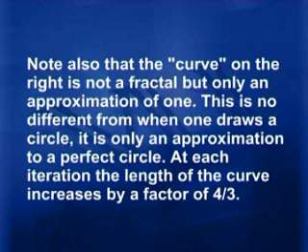This is no different from when we draw a circle. It is only an approximation to a perfect circle, because drawing a perfect theoretical circle is not possible making use of our display devices. We've got our limitations. At each iteration, the length of the curve increases by a factor of 4/3.